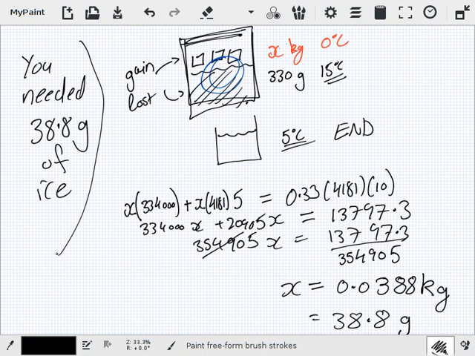It's not like a mechanics question that was very hard. I have seen this one in the exam a couple of times, where they ask the student to work out how much ice you need to put into something to bring its temperature from 15 to 5 or whatever it is. So it's a standard latent heat question for the exam, very standard.